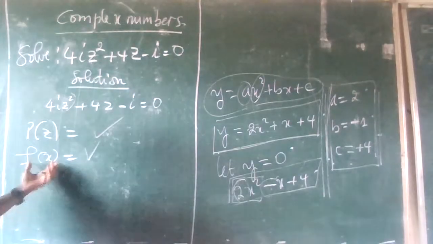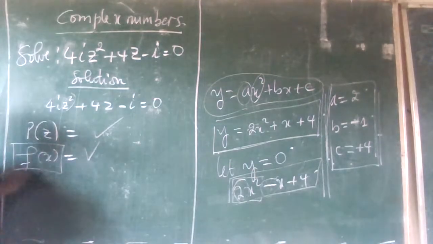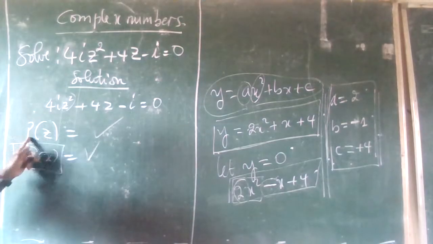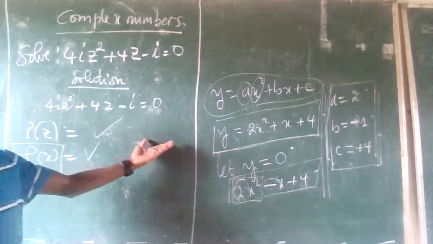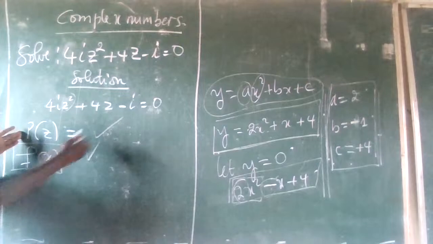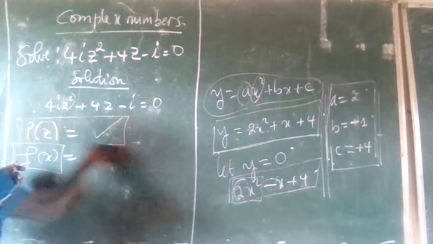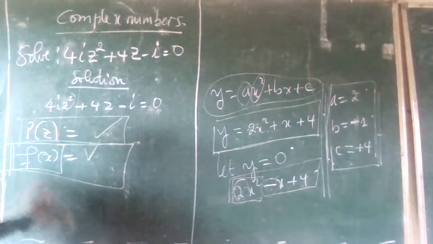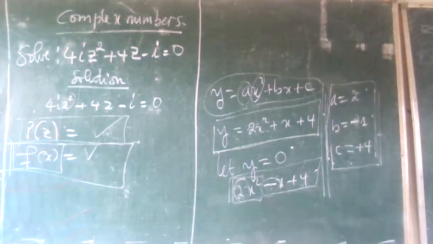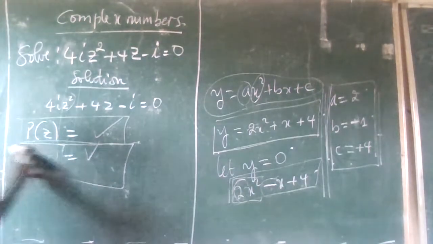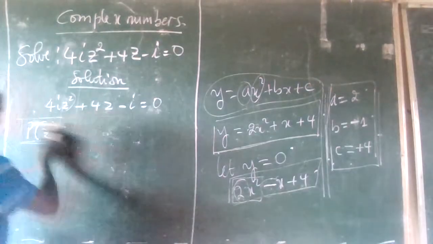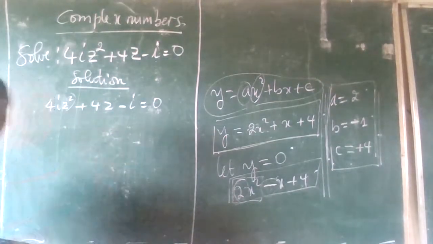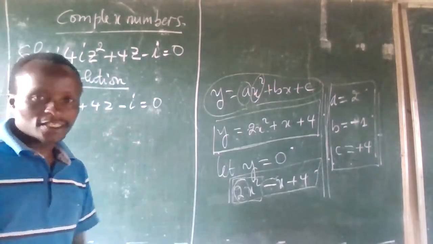Instead of writing this function, we should write this complex p(z), which is equal to a given equation, because we are in a complex equation here, but here we are in a real equation. Now let's continue solving for the roots found in this complex equation.